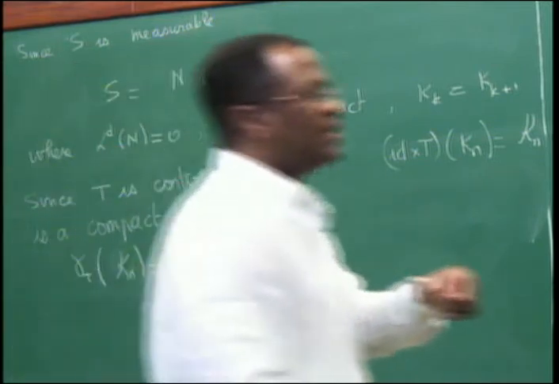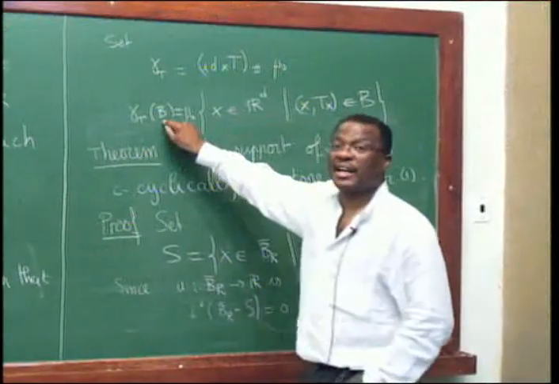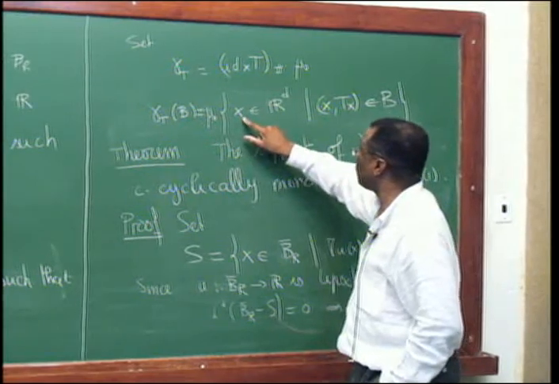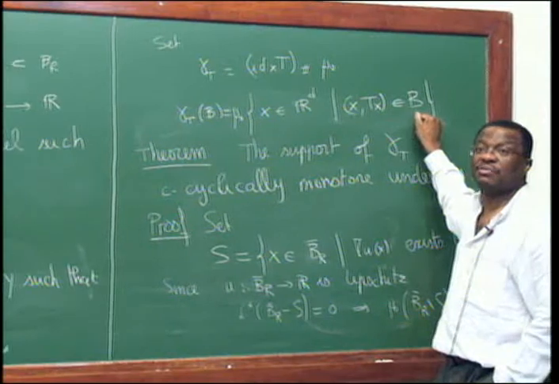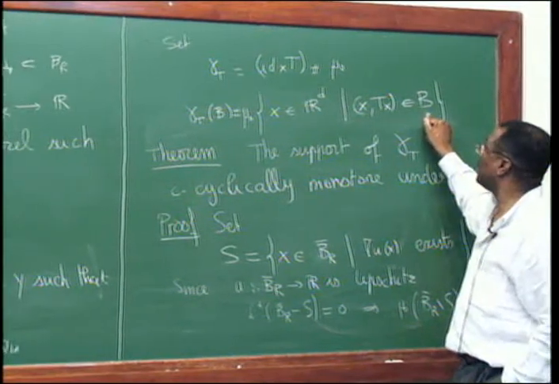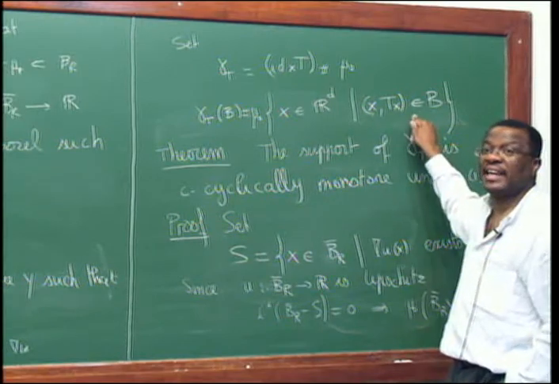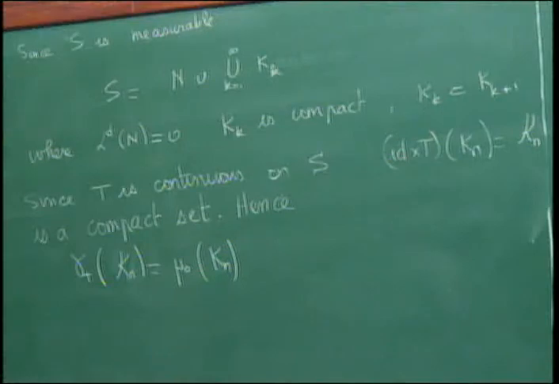So I replace B by calligraphic K_n. So gamma_T of calligraphic K_n is mu_0 of the set of x such that x, T of x is in calligraphic K_n. But this is the set of x such that x is in K_n. And so that is mu_0 of K_n.